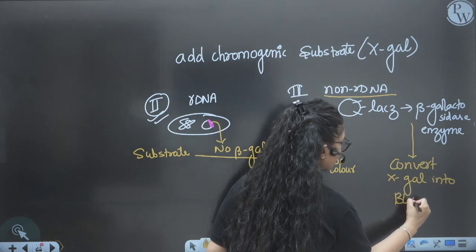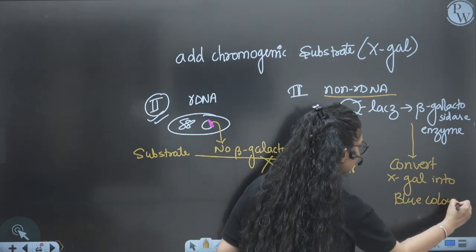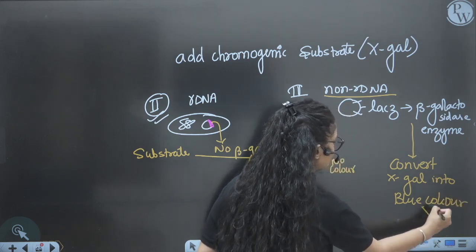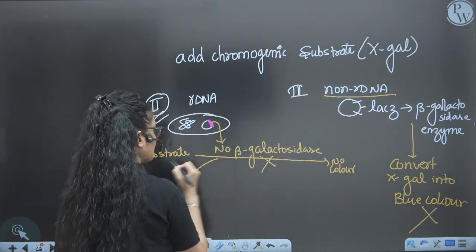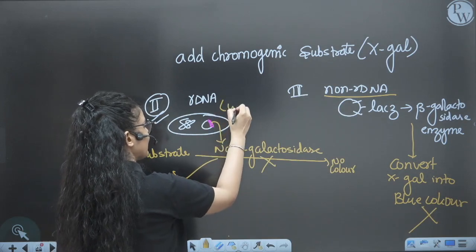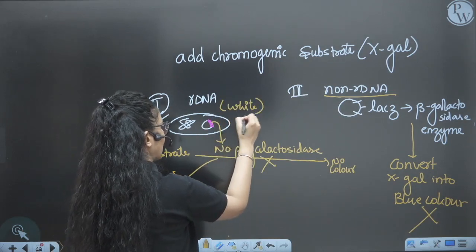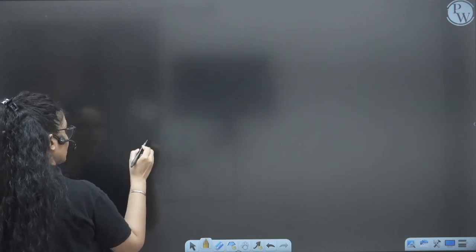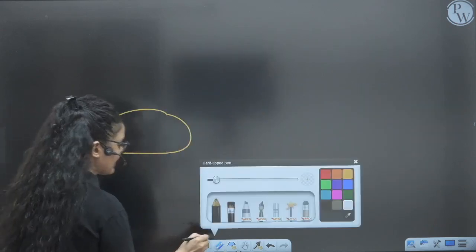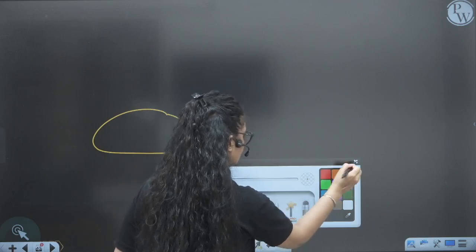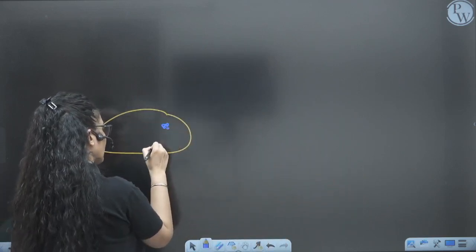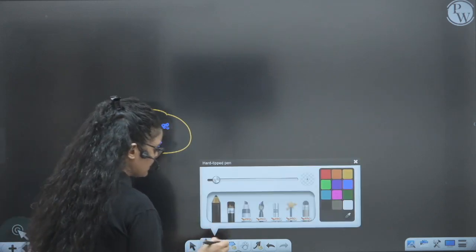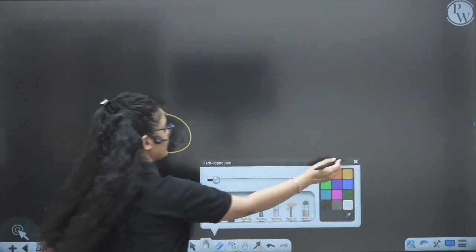Blue color means we don't want these colonies, right? We don't need the bacteria with blue color. We need bacteria with white color, because they are not giving any color. If we see the Petri dish where we are doing this experiment, we will get two sets of colonies: one with blue color bacteria and the other with white color bacteria, right?